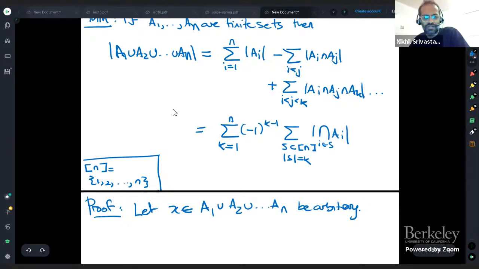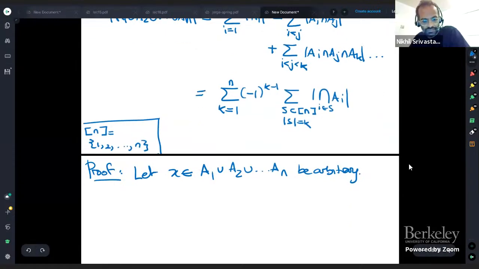How many times is such an element counted on the left-hand side of the equation above in the theorem? Once. Yeah, just once, right? It appears once in the union. So x is counted once on the left-hand side.